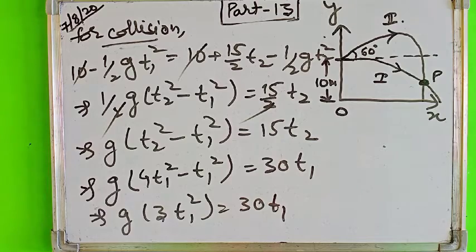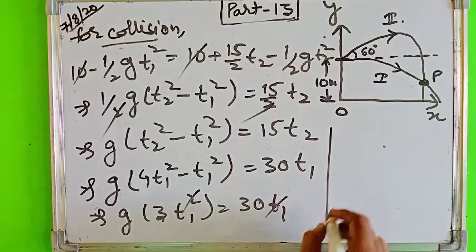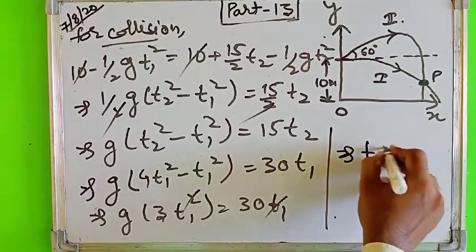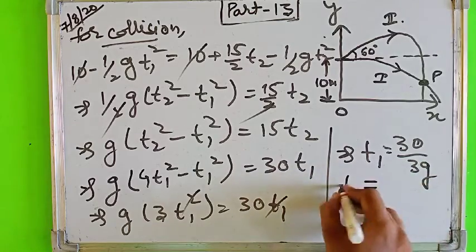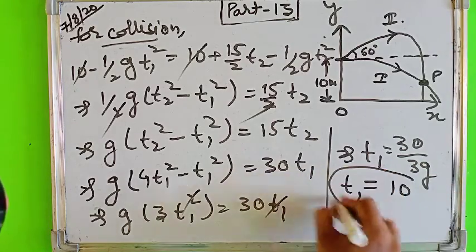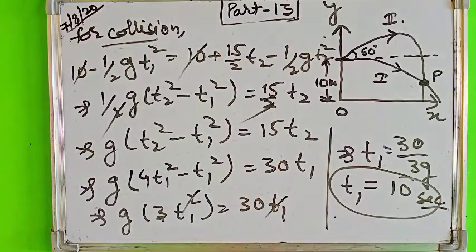T1 cancels out and T1 is equal to 30 upon 3g. It means T1 is equal to 10.